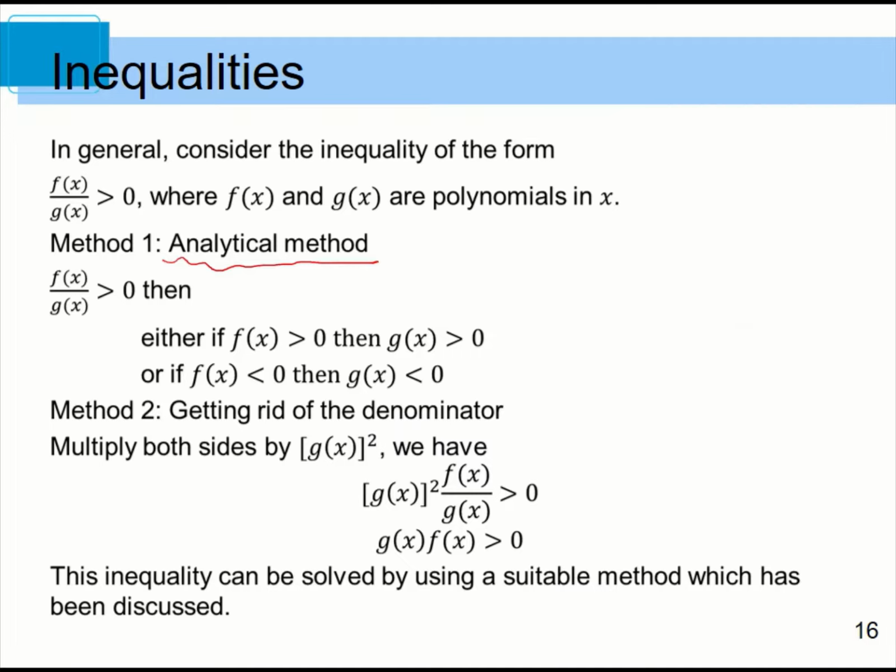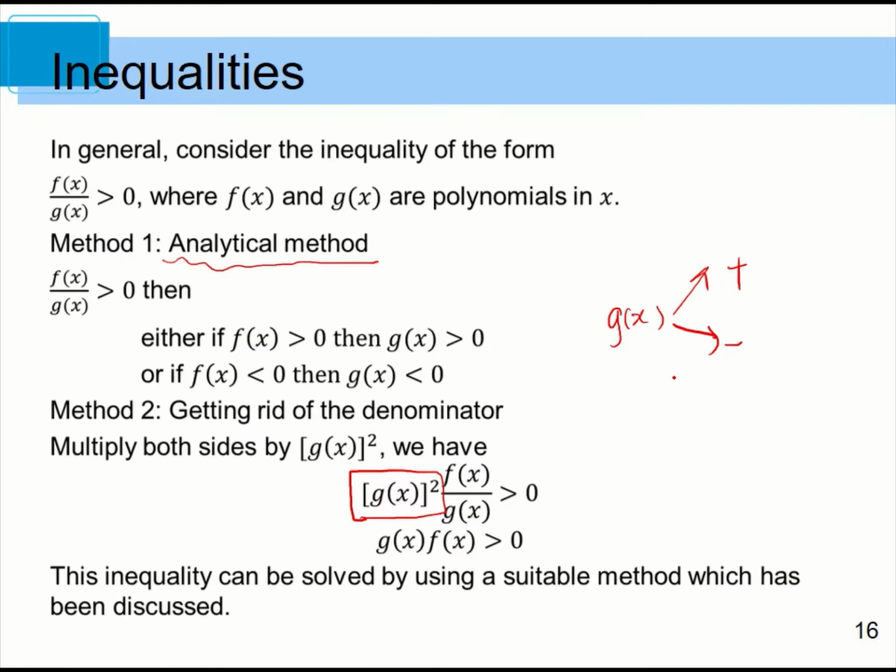Now the second method is called getting rid of the denominator. So we are going to multiply by the square of the denominator. The reason is that g(x) can be a positive or a negative value.